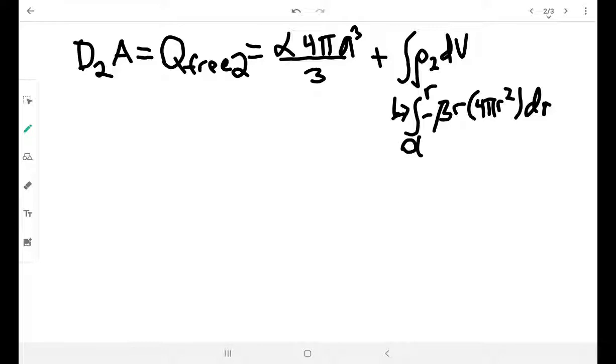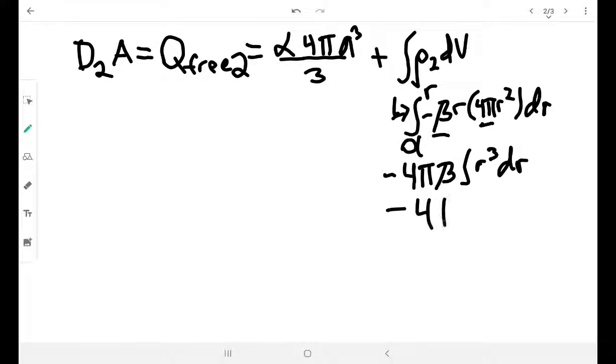And when you take this, the negative beta and the 4 pi can all be pulled out of the problem. And we get negative 4 pi beta times the integral of r cubed dr. And that's going to equal negative 4 pi beta r to the 4th all over 4. 4's cancel.